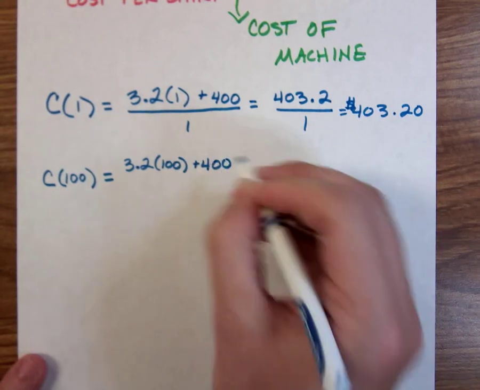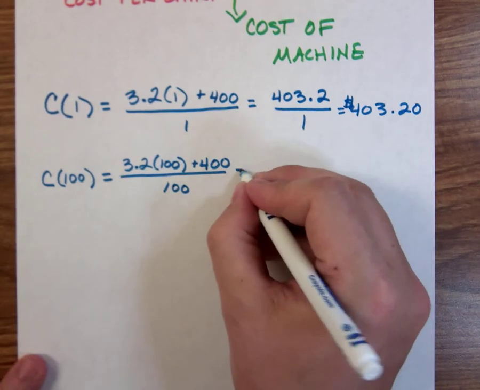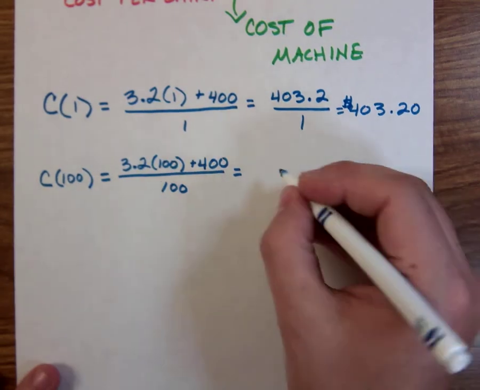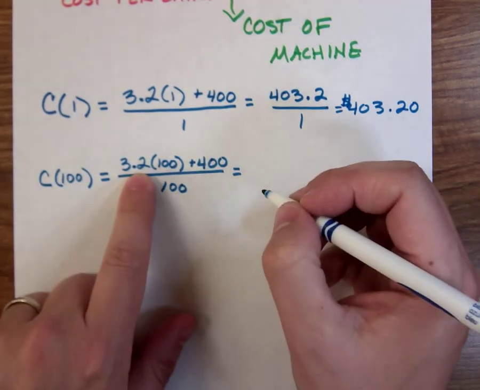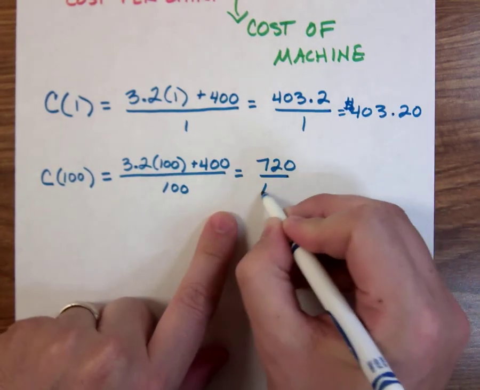I don't really think there's a reason for y'all to laugh at that. You know what? You're not getting a shirt from my fan club. So 3.2 times 100 is 320. So this is 320 plus 400. That's 720 divided by 100.